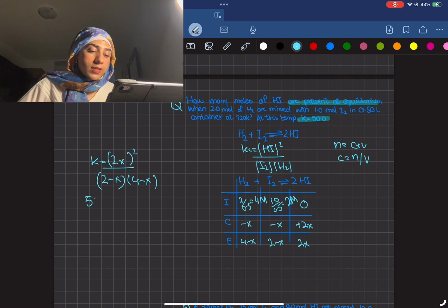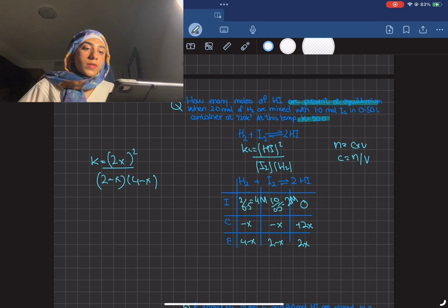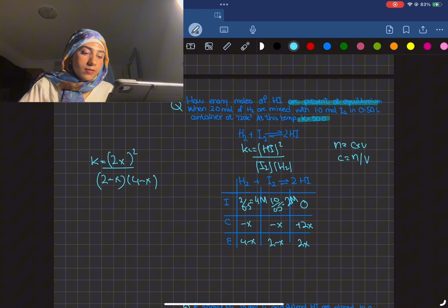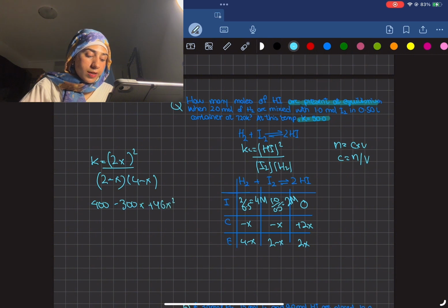Now this would be 50 equals... you'll solve this and then you actually get 400 minus 300x plus 46x squared equals 0. Because it's a quadratic equation, I need to use the quadratic formula.